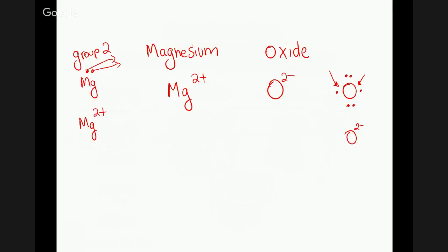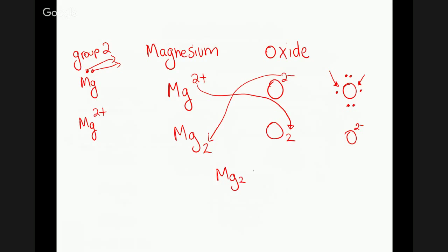And again, we rewrite the symbols, and we crisscross down the numbers. So the 2 from oxygen comes down here next to magnesium, and the 2 from magnesium comes down here next to oxygen. And what we are left with is Mg2O2, which tells us that for every 2 magnesium, we need 2 oxygens.